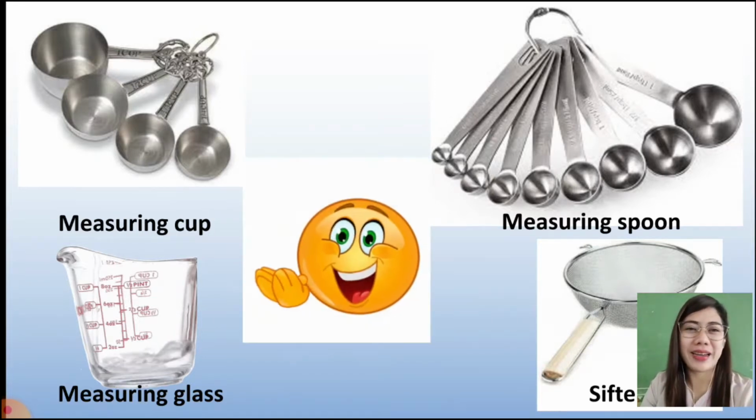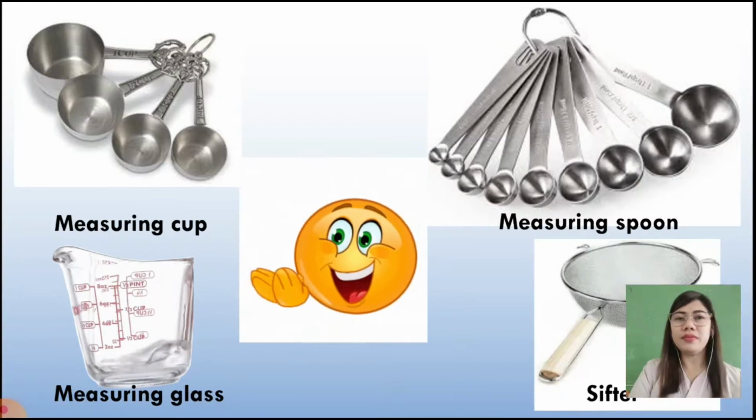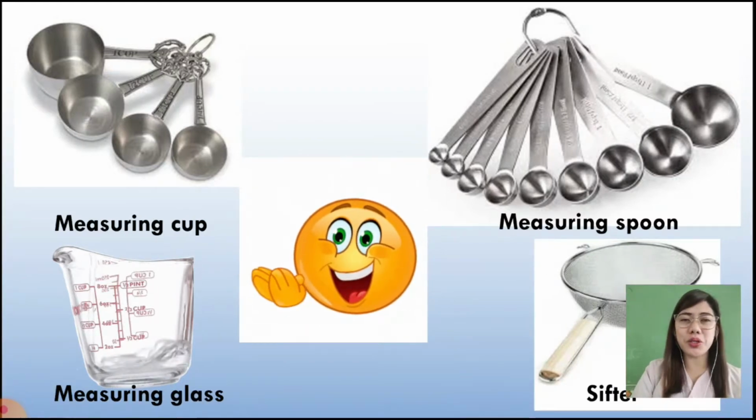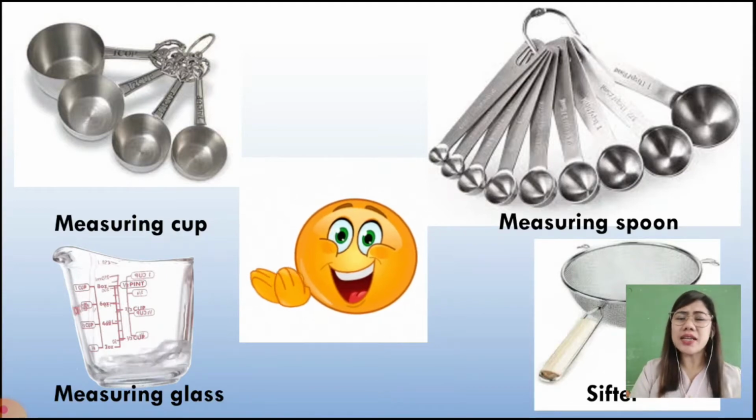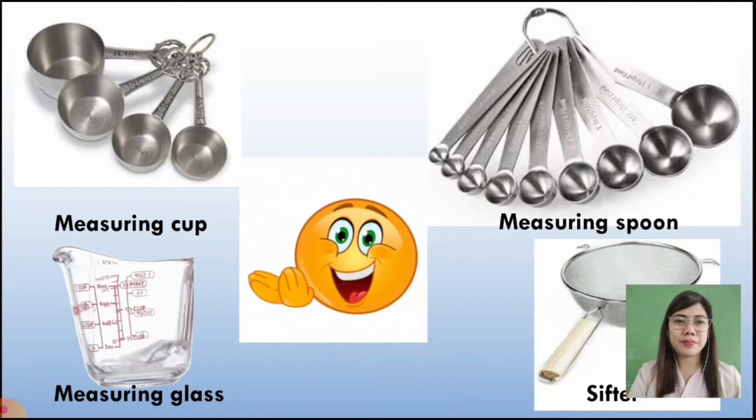Very good, everybody. Now, try to observe these pictures given in our monitor. Do you think there are similarities between them? And what do you think is the main function, why do we have these tools? Very good. These are used to measure the ingredients.